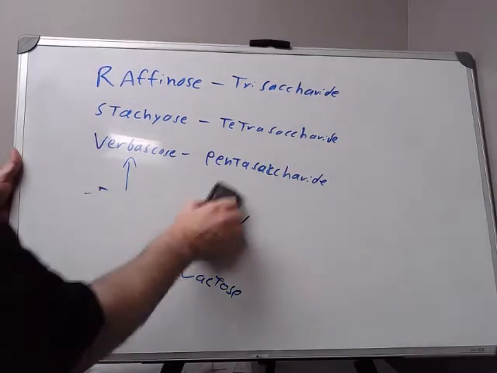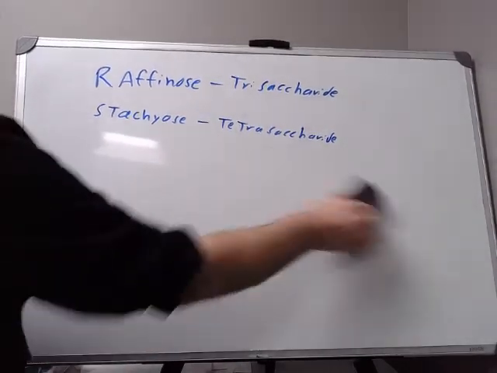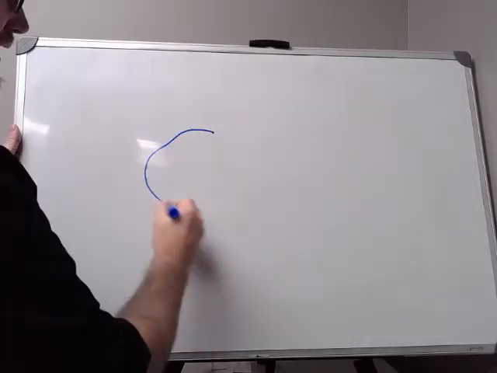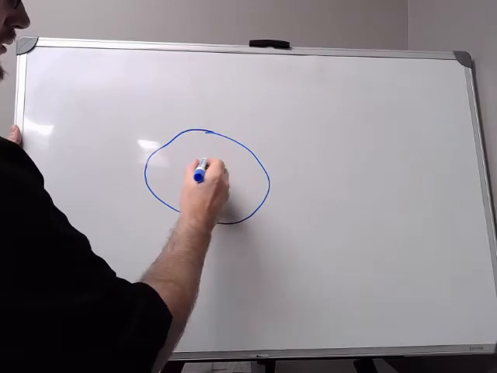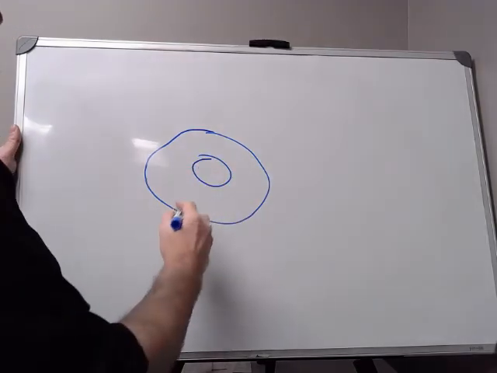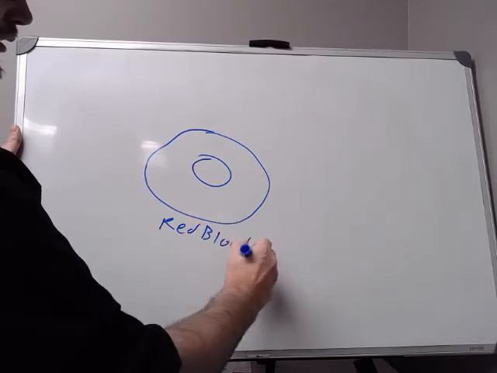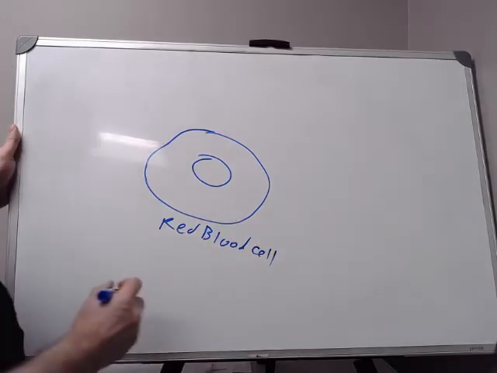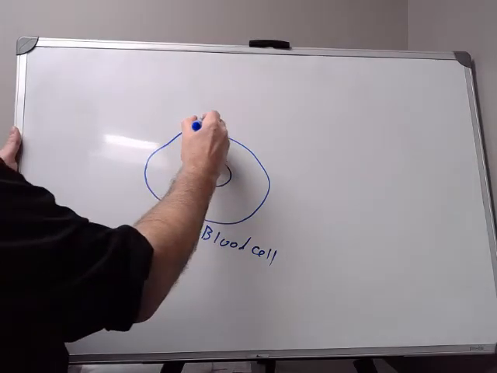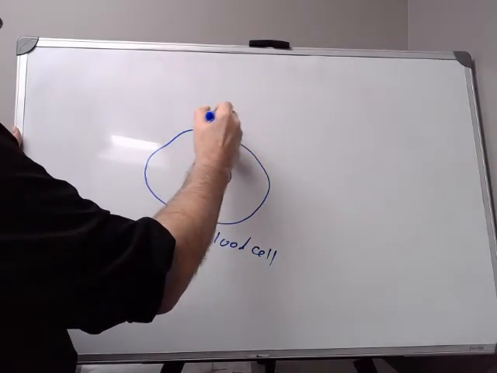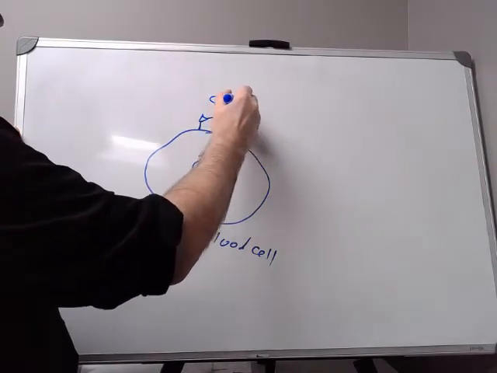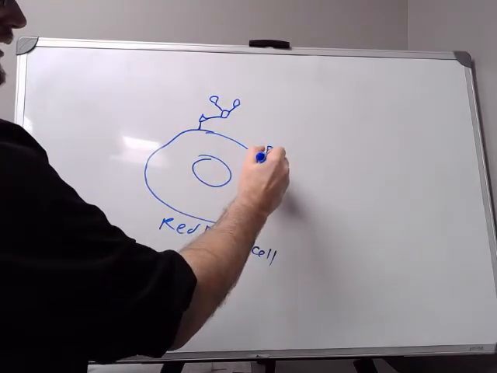Oligosaccharides are also important because they are oftentimes attached to your cellular membranes. And so if we draw a blood cell, this being a red blood cell, even though I'm drawing it blue, these red blood cells are oftentimes labeled with complex oligosaccharides.